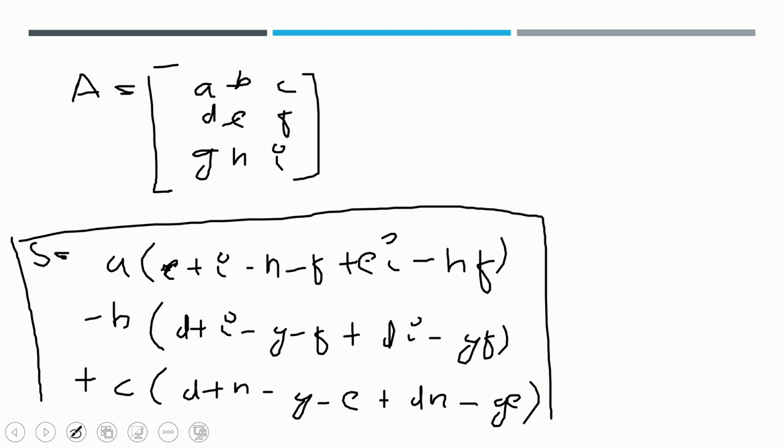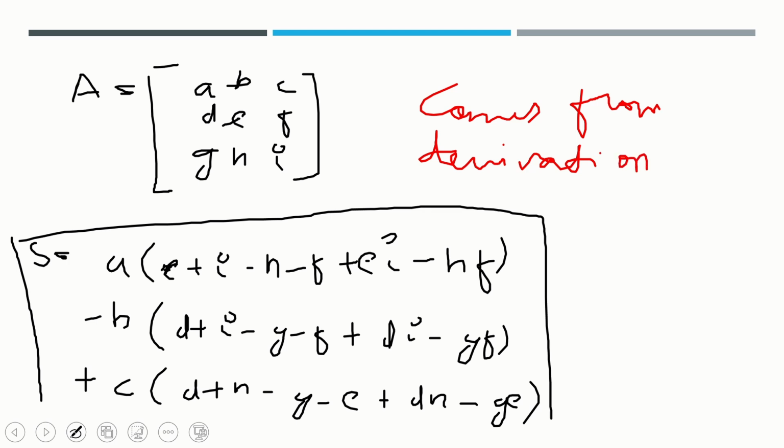Okay, this S value comes from the derivation.